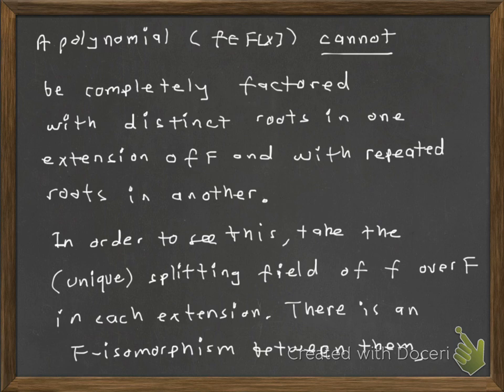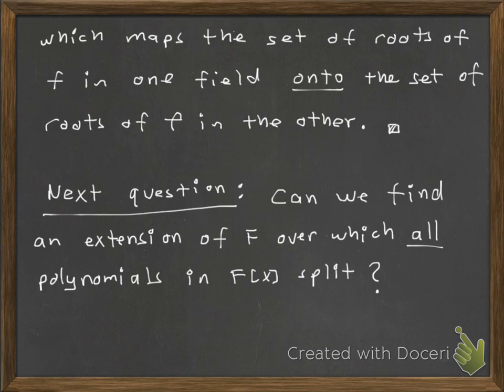So just take two splitting fields, take the unique splitting field of f over capital F in each extension. The exercise tells us there's an F-isomorphism between them, which maps the two sets of roots to each other, thereby establishing the fact that their sizes must be the same. Okay, so this answers our question.